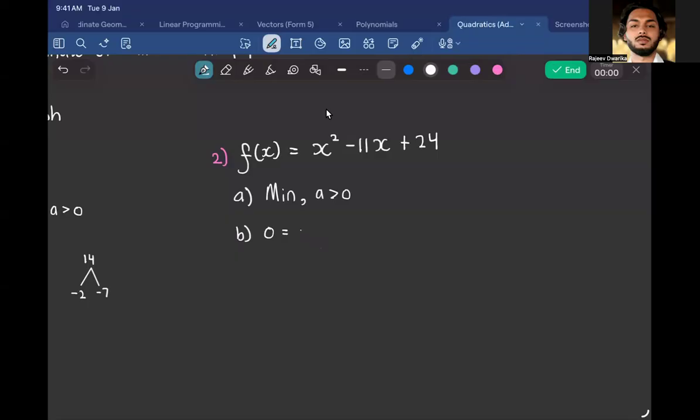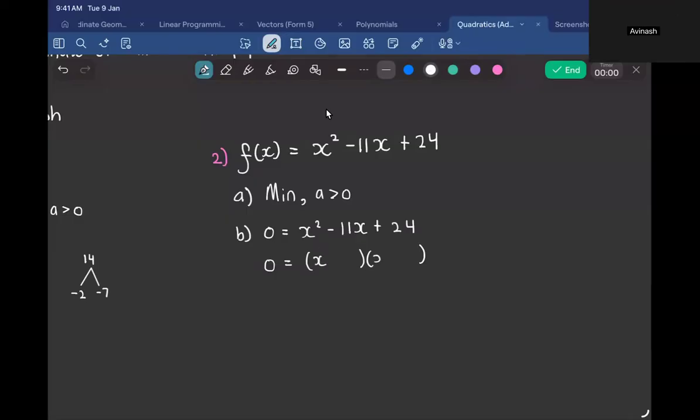So we say 0 is equal to x squared minus 11x plus 24. So we need to factorize here. What would I need to multiply to get back x squared? x by x. So I put x here, I put x here.